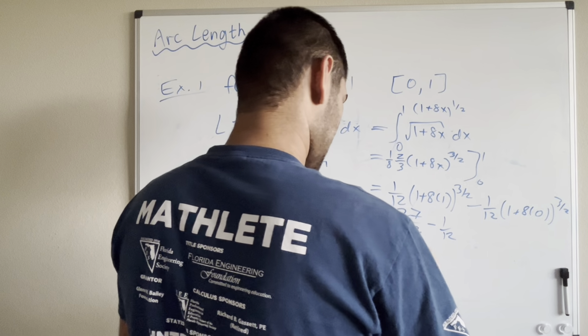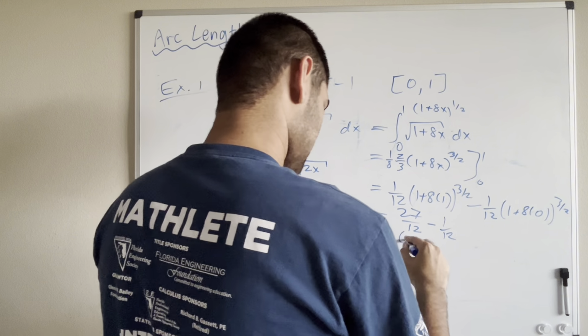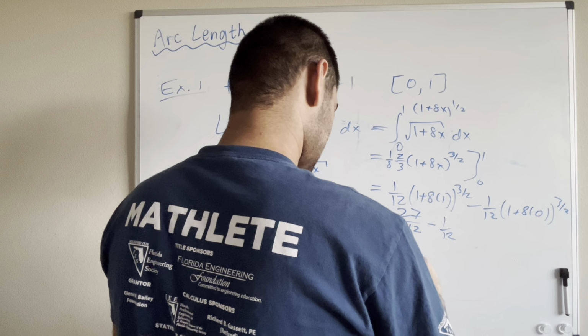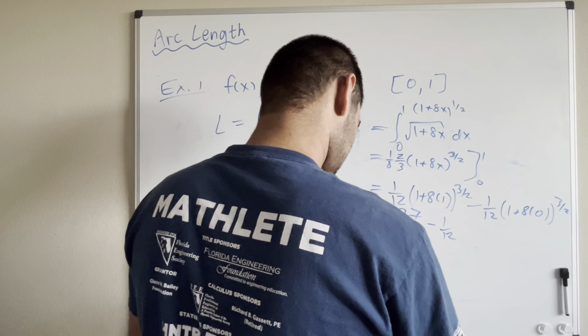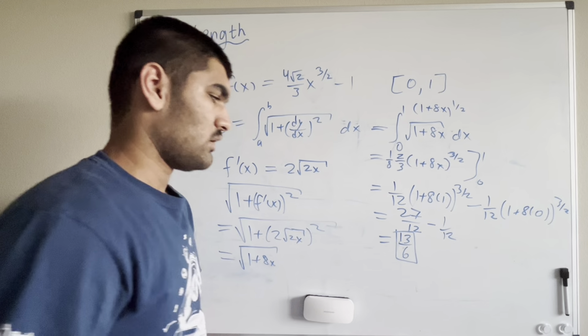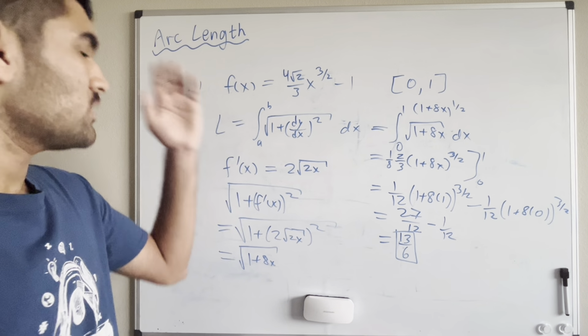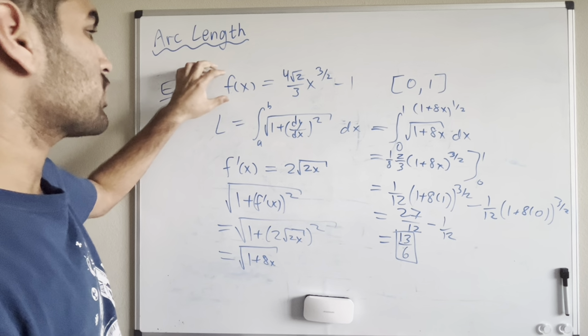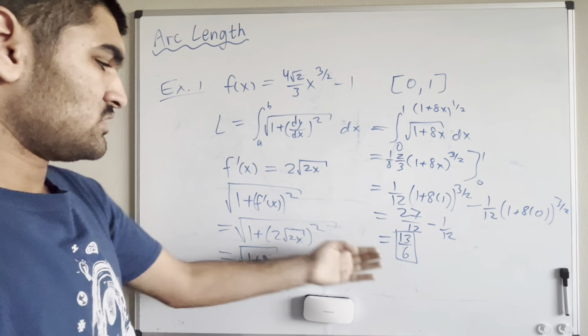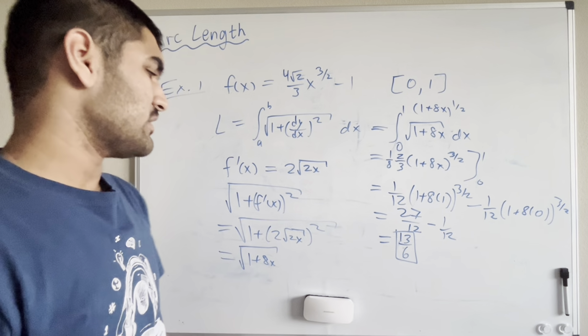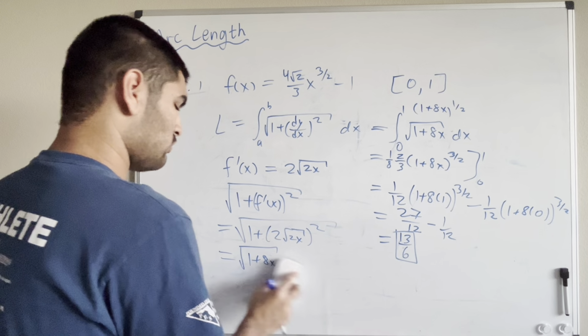So in the end, you get 26 over 12, which simplifies to 13 over 6. Alright, so basically, the length of the curve from 0 to 1 of f of x is 13 over 6. How neat. Alright, let's do one more example.